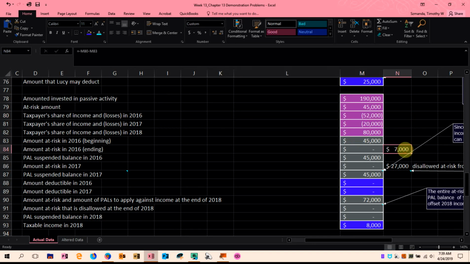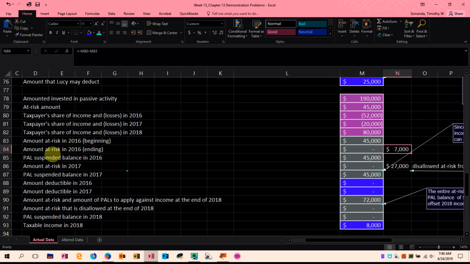And we had $7,000 of disallowed at-risk loss left over, right? $52,000 minus $45,000 is $7,000. So here's that disqualified at-risk amount that we need to keep track of. But at least as of the end of 2016, we have nothing at risk. There's 0 at risk now, since the loss in 2016 consumed our entire at-risk amount, and we have the $7,000 disqualified at-risk amount that we can't use this year.